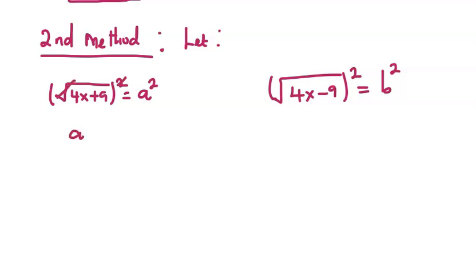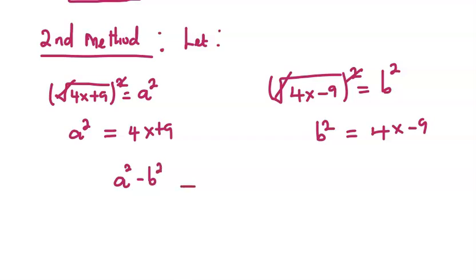From the left hand side, this will cancel square roots. So we have a squared is equal to 4x plus 9. And from here, this square will cancel the square roots. We have b squared is equal to 4x minus 9. Let us find the difference between a squared and b squared, which is a squared minus b squared. So this will be equal to 4x plus 9 minus, put this in brackets, 4x minus 9.